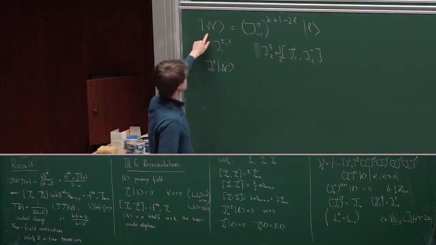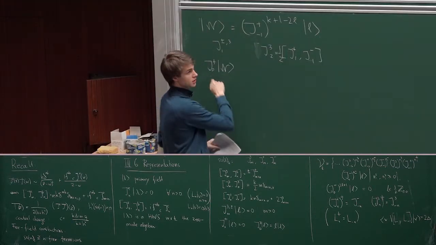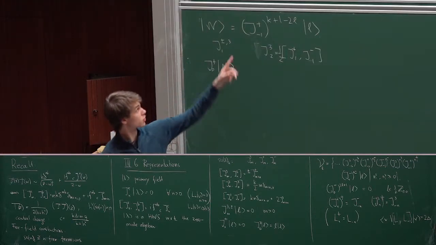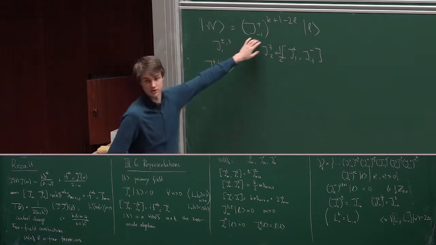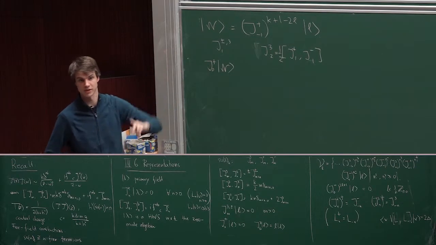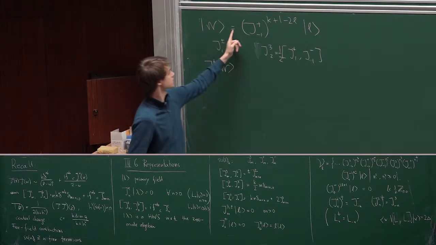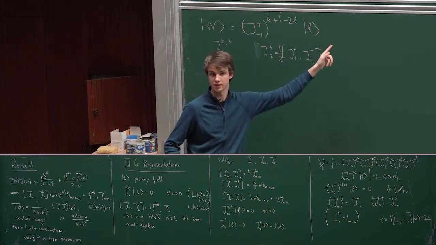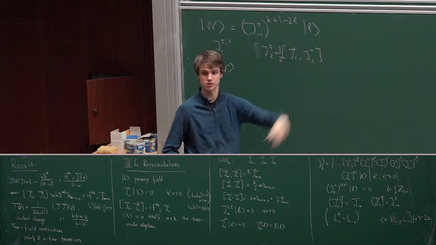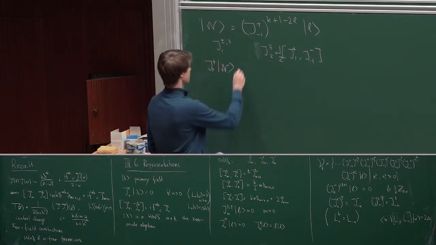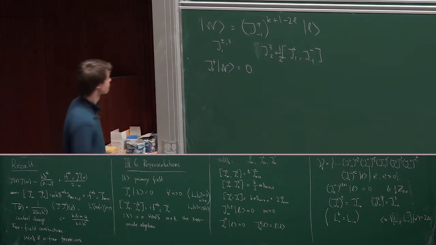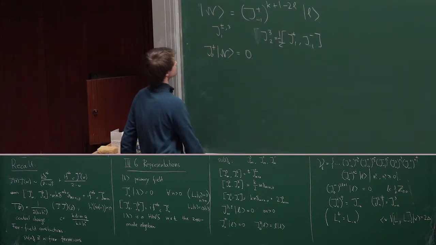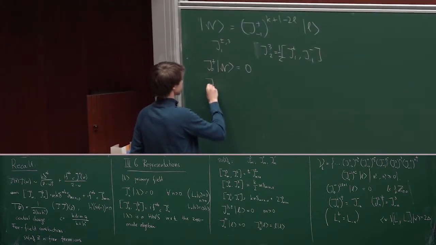If we act on this, it's very easy to see that this annihilates, because just by looking at our commutation relations, J_0^+ commutes with J_{-1}^+, because plus with plus always commutes. So this just goes through, hits the highest weight state, but that was annihilated by it, so you get 0. Good, so that we have covered.